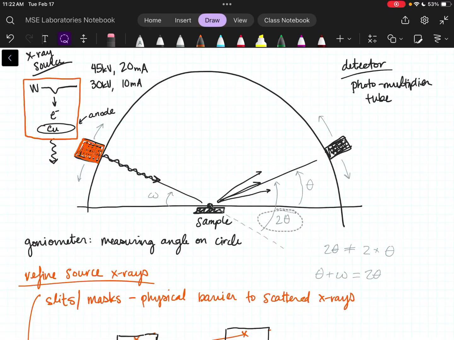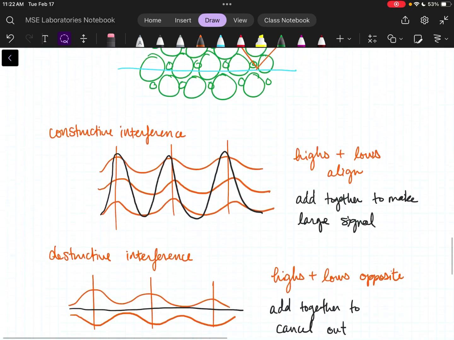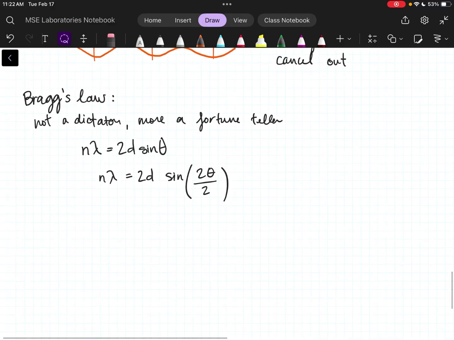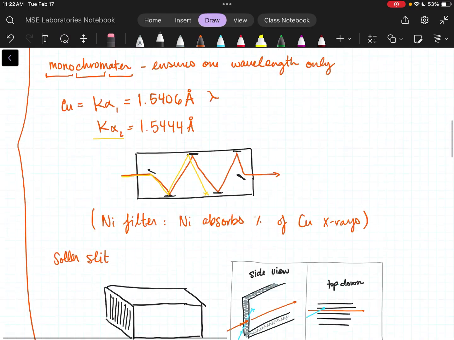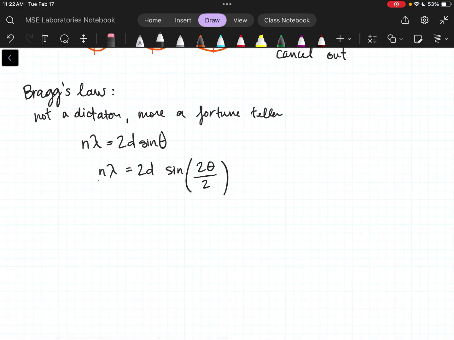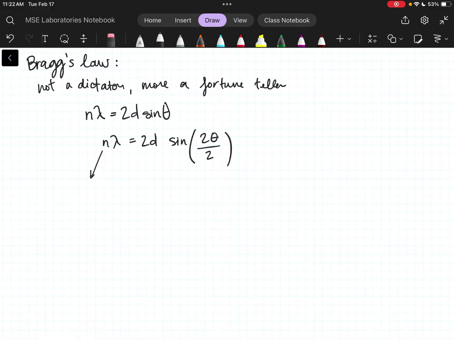Which seems like a really stupid clarification, but going all the way back up to the top, I'm talking about this 2 theta. I am not talking about this theta. I'm realizing I wrote it here too. I am not talking about this theta. I am talking about omega plus theta. So it is 2 theta divided by 2 that is the actual value we're using there. Do you know what n is?